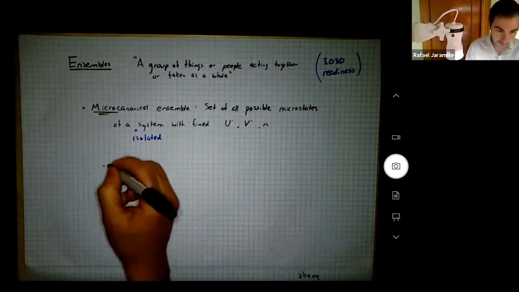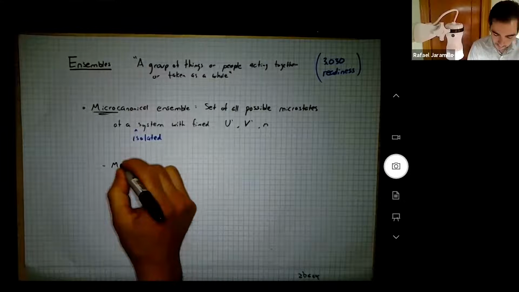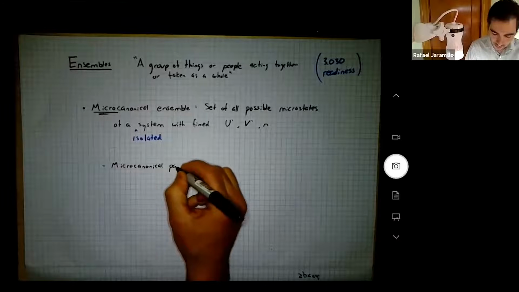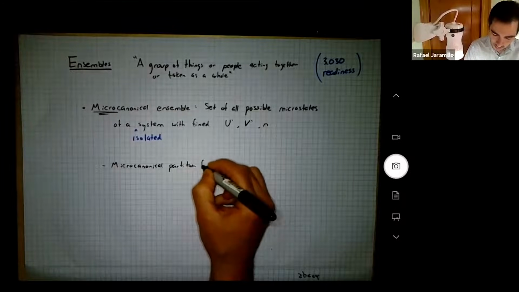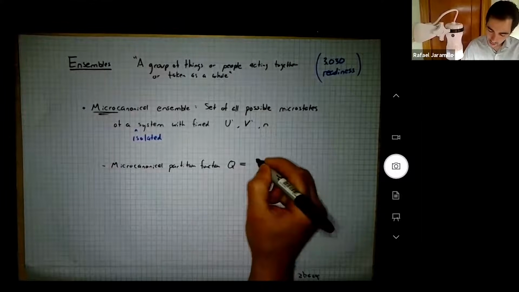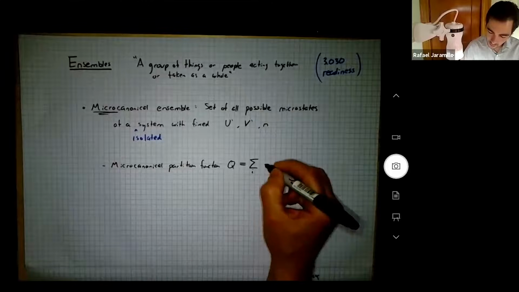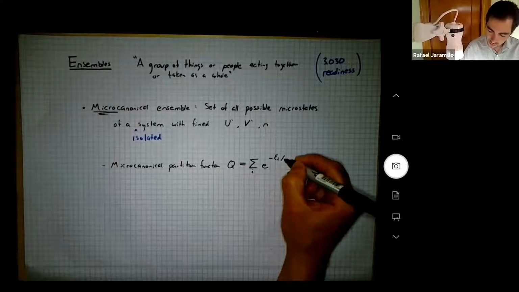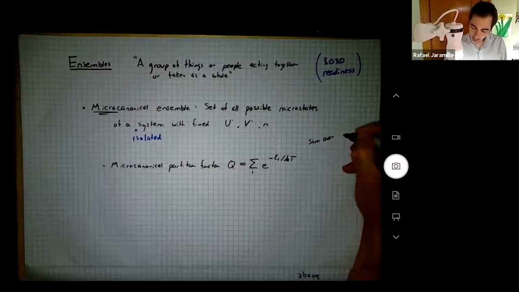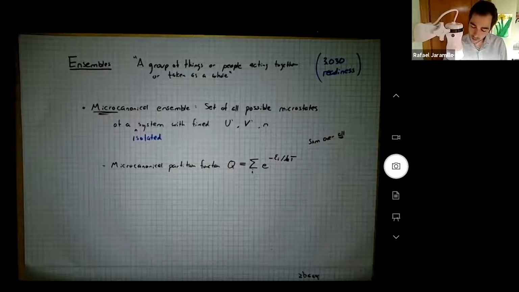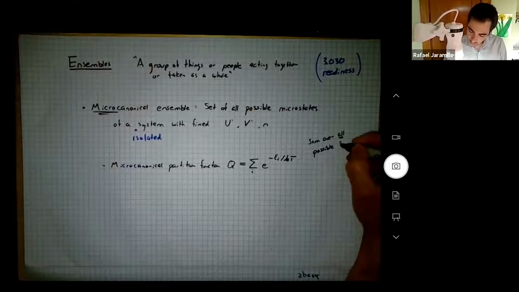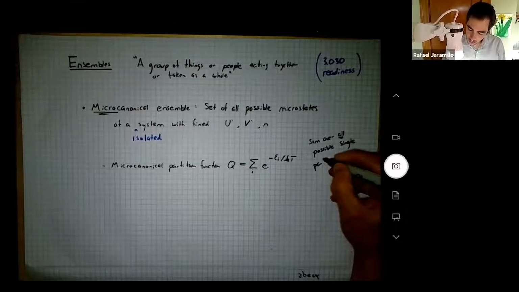And so the partition function that we've been analyzing is actually better known as the microcanonical partition function. Normally written as Q, as we've been doing, and it is a sum over all possible single particle states.